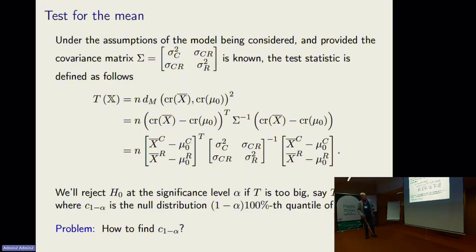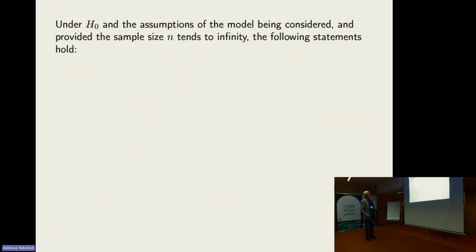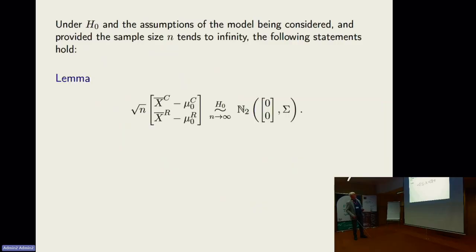Well, F is unknown, so if not using resampling, I have to try another approach. And what do we want to propose? Under all these assumptions I mentioned before, we can prove that such a vector, if the sample size is large enough, is asymptotically normal with the following parameters.